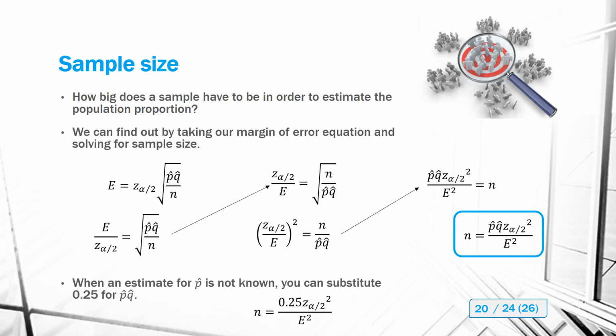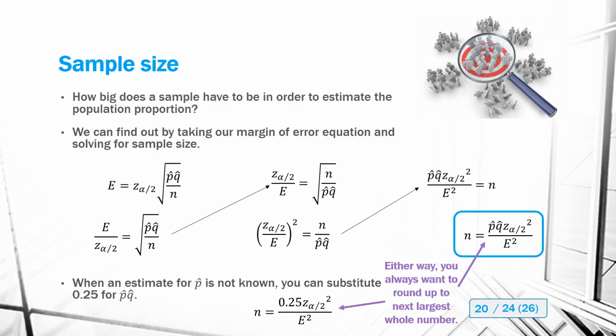Because of all the different proportions that we could have, the one that shows up most frequently is 1/2. So if p hat is 1/2, then that means q hat, the complement of p hat, is also 1/2, because 1 minus 1/2 is 1/2. Then when I take 1/2 and multiply it by 1/2 to get p hat times q hat, 1/2 times 1/2 is 1/4. 1/4 is 0.25. So that's where the 0.25 comes from.